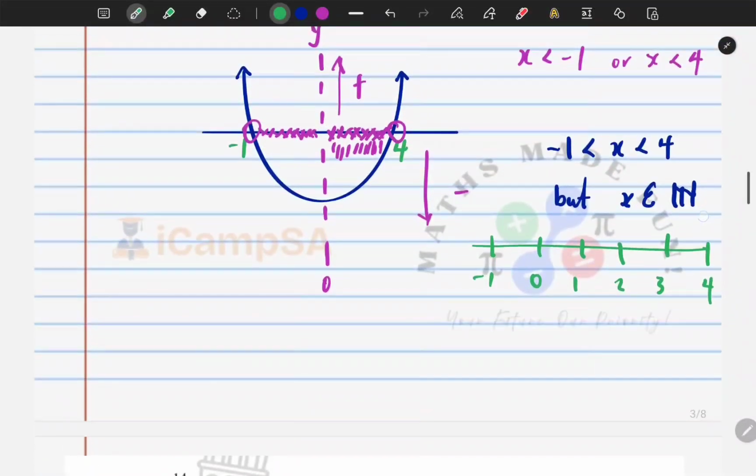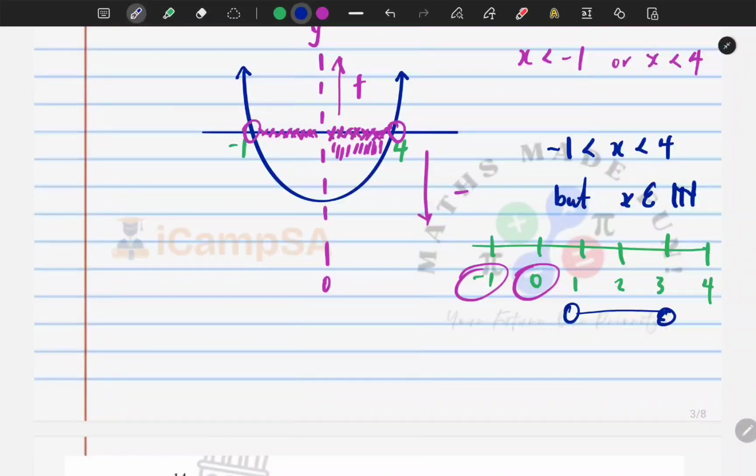The numbers that are not natural here are -1 and 0. 0 is an integer or a whole number, so we are not going to include that. The numbers that will satisfy this are 1, 2, 3.